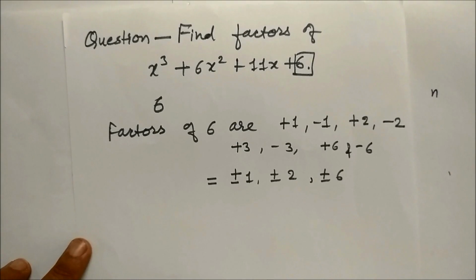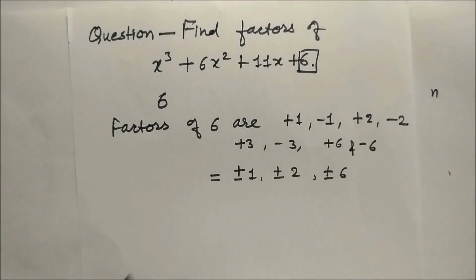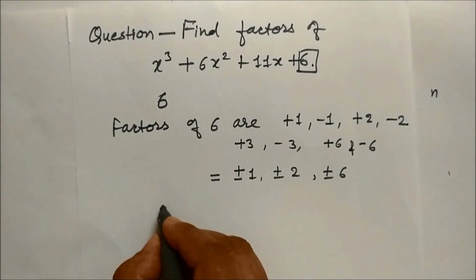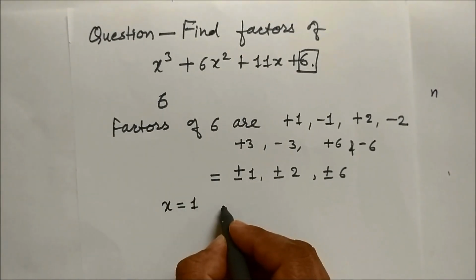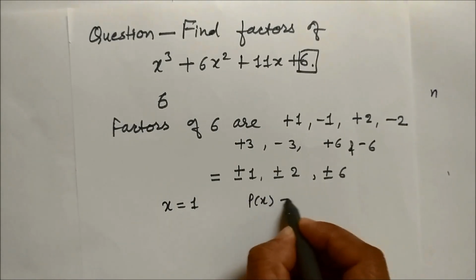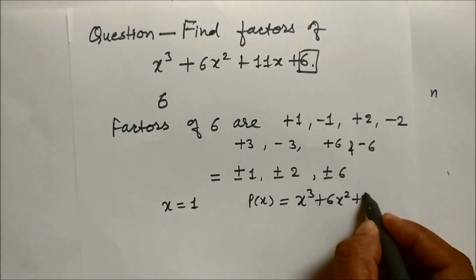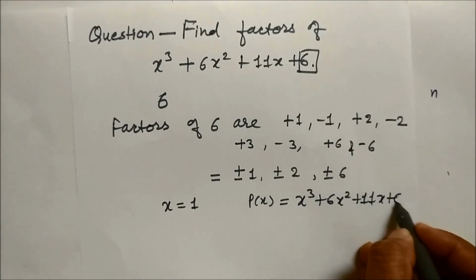Now one by one we will replace this factor in the given polynomial. So first we will put here x is equal to 1 in the given polynomial. And here polynomial p of x is x cube plus 6x square plus 11x plus 6.